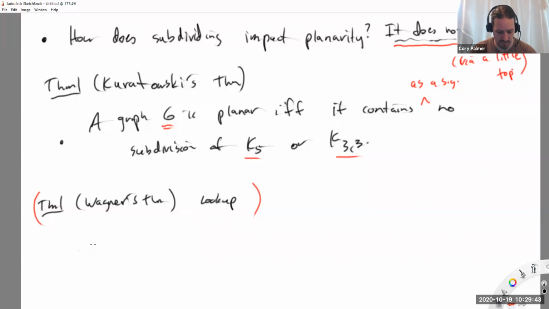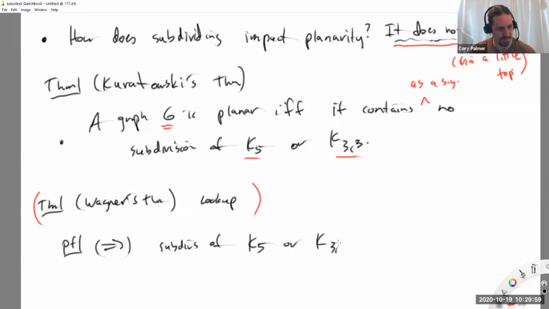So first of all, let's suppose we're proving the full Kuratowski's theorem. The forward direction at least is immediate here, because subdivisions of K5 or K33 are not planar. We already discussed this.